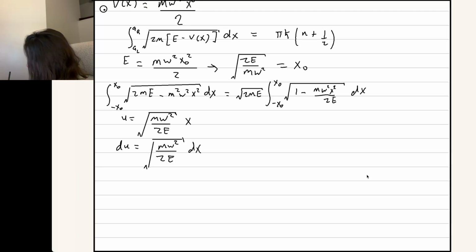And also, if you plug x naught into this, you just get 1, because this is 1 over x naught pretty much. You get minus 1 and 1 for the bounds of your new system.